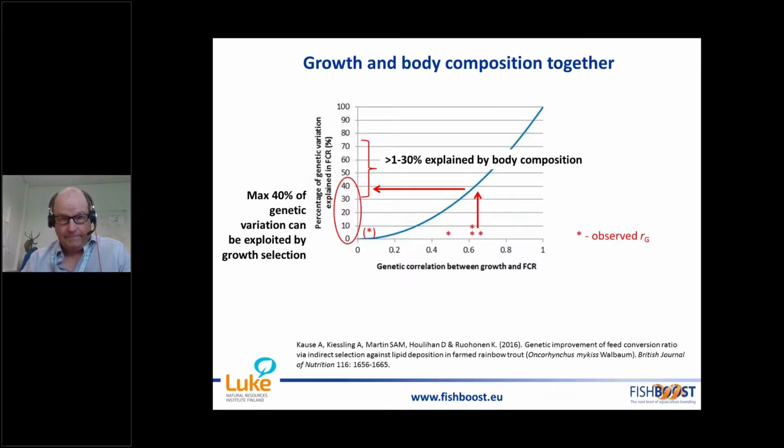And it means that if we combine growth selection and control of lipid deposition, then we are getting additional benefit in the breeding program to improve FCR. There is still something left, and Mark will continue with that part also.